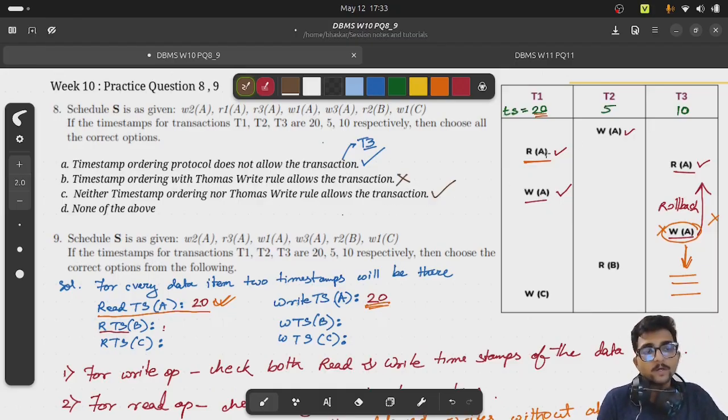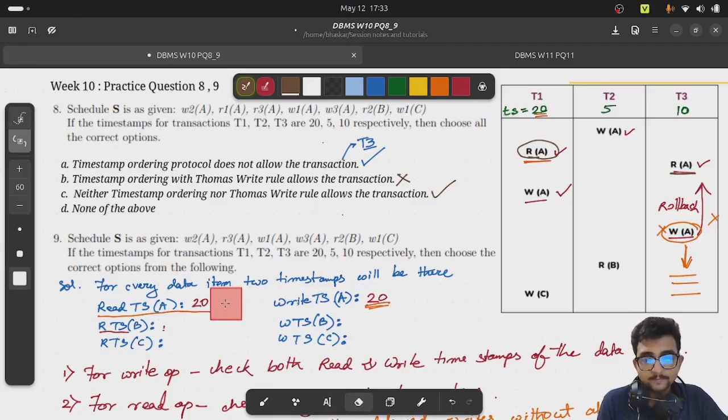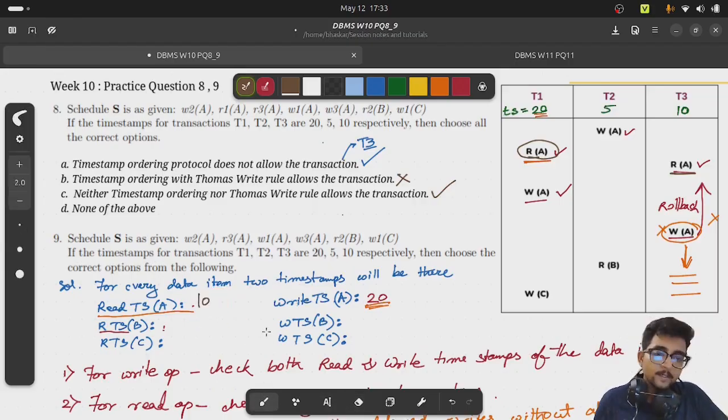Now one important point to observe is, let's say this read A was not there, right? In that case, what would have been the read timestamp of A? Read timestamp of A would have been the last value of read, which is basically T3, and in that case this would have been 10, right?